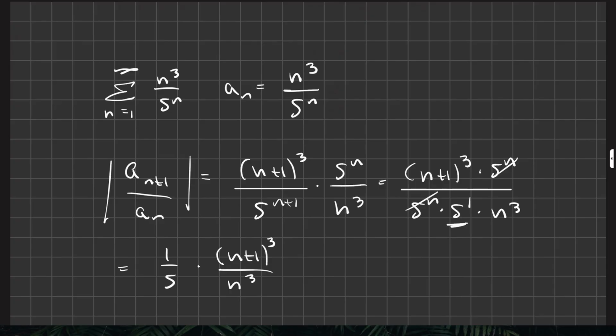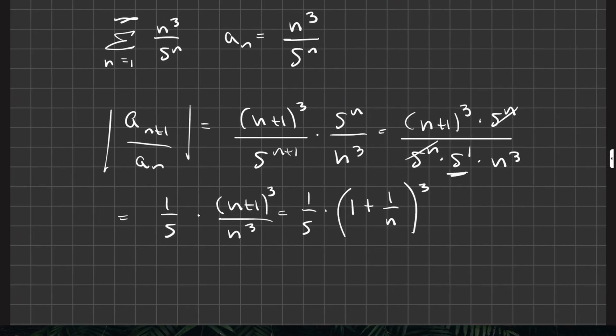And we can rewrite this as 1/5 times (1 plus 1 over n) cubed. Now this whole time we want to consider its limit for the ratio test. So this limit goes to 1/5.